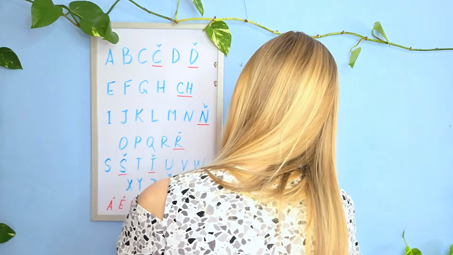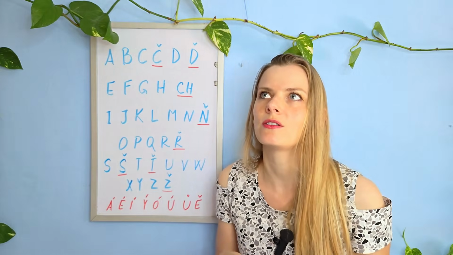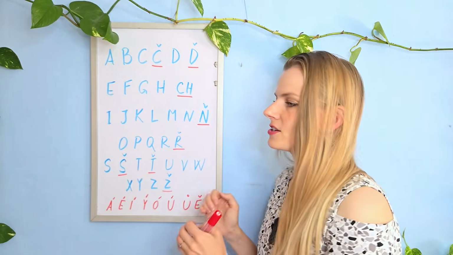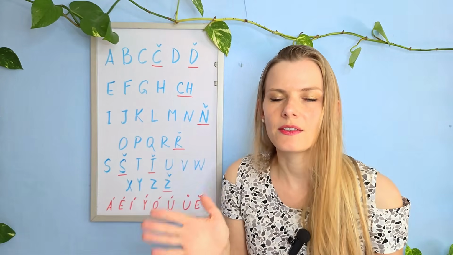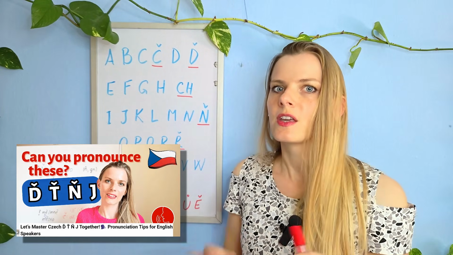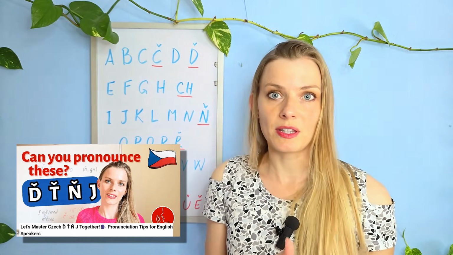We also have Ě, pronounced as Je. This Háček softens the letter in front of it. I have a video about that. If you're interested, you can watch it here. Today I want to focus on basics of the alphabet and spelling.